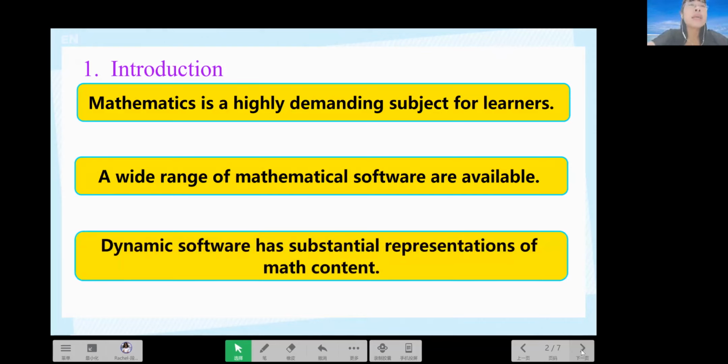Actually, dynamic software has substantial representations of math content because it can diminish misconceptions. Over the past decades, it has been frequently commented in a great deal of research that dynamic geometry software provides learners opportunities to build up connections between mathematical objects and graphical representations.